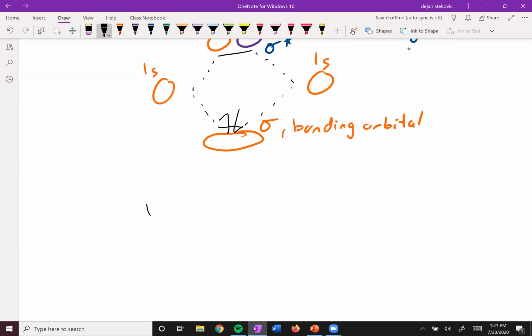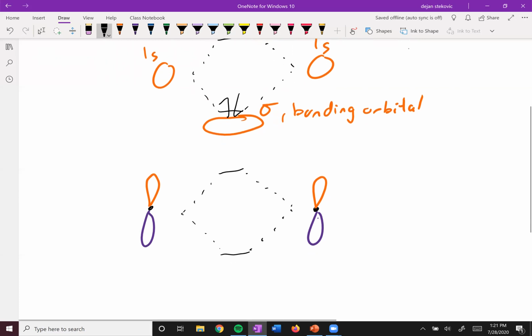And then we can think of the same thing for p orbitals. So we have our atom and its p orbital. Right, and then these can hybridize or mix into a molecular orbital, right? An orbital belonging to the entire molecule.